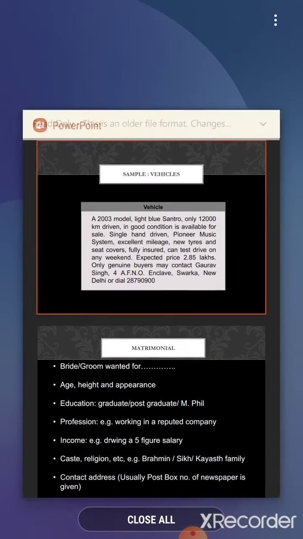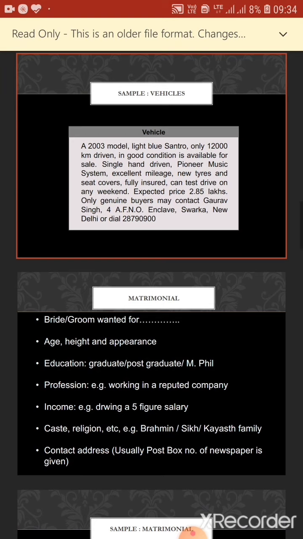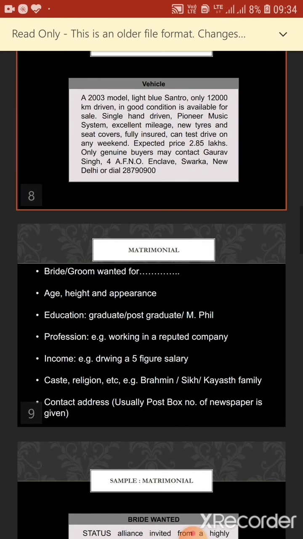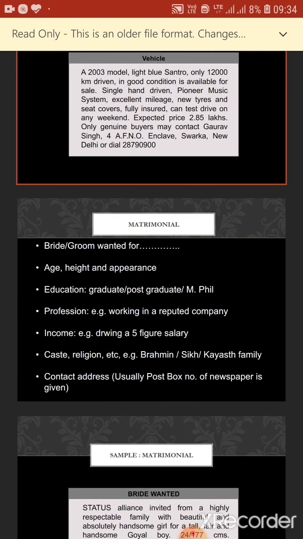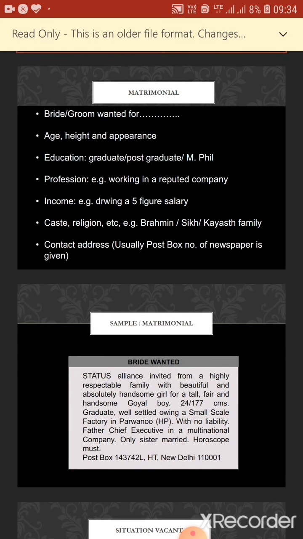Another example of for sale that we may see. Next, we shall go to the matrimonials column. Certain things we have to keep in mind for matrimonials, like bride or bridegroom wanted for. This will be the opening sentence.